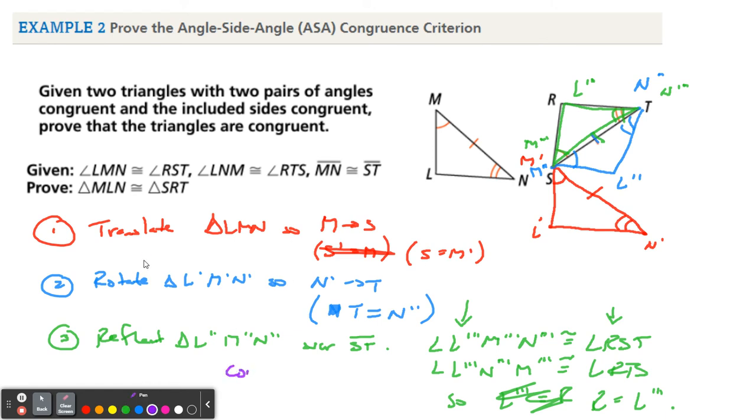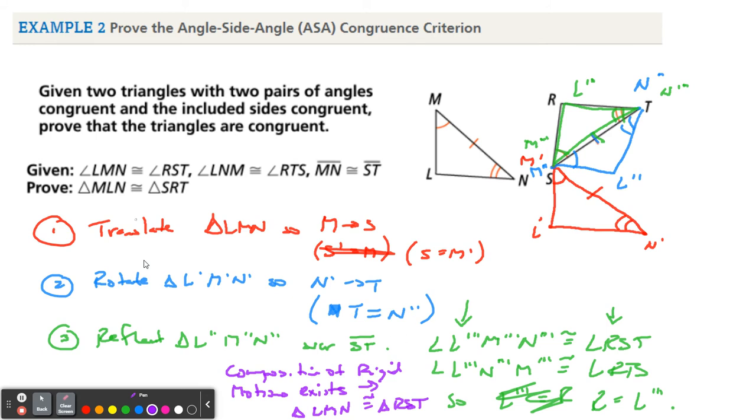So a composition of rigid motions exists, which means that triangle LMN is congruent to triangle RST.